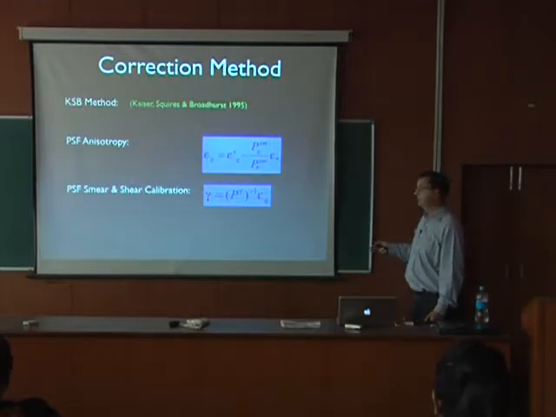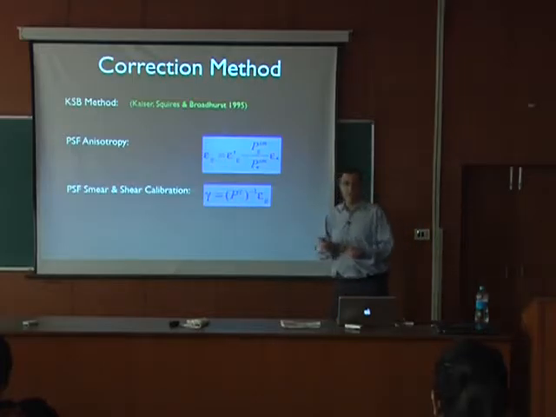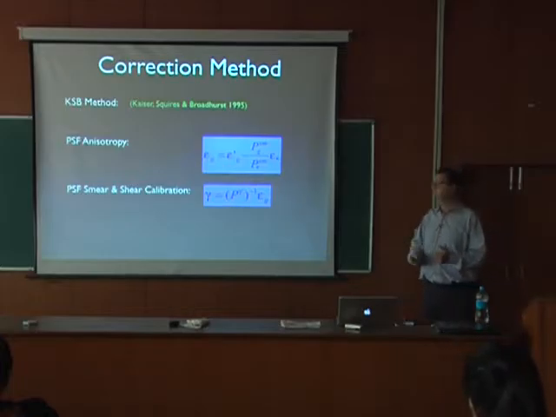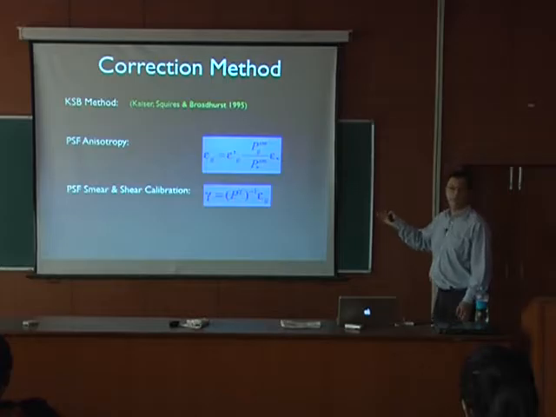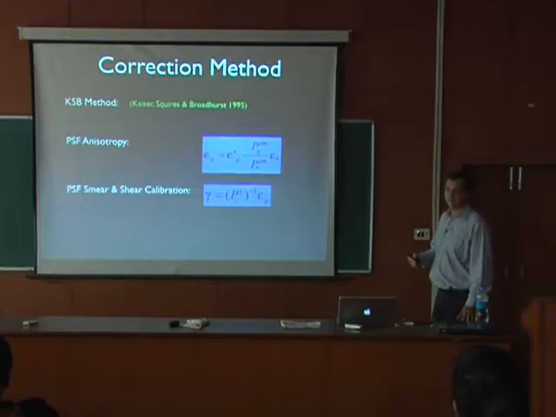So at the end of this process, for every galaxy, you get an estimator for the shear. Okay? So this estimator is noisy. The amount of information on the shear per galaxy is very small because the galaxies are faint and because the shear is very weak. But if you've calibrated your method properly, if you average over a large number of galaxies which have been sheared in the same way, then this estimator should give you the true shear that was applied.